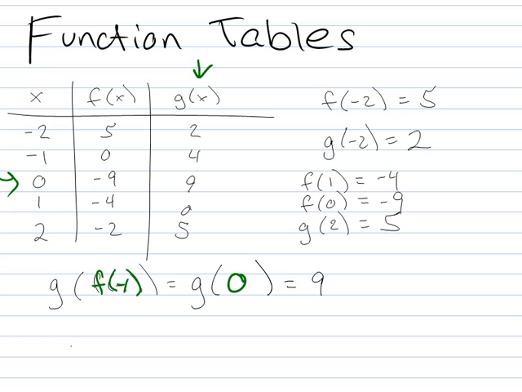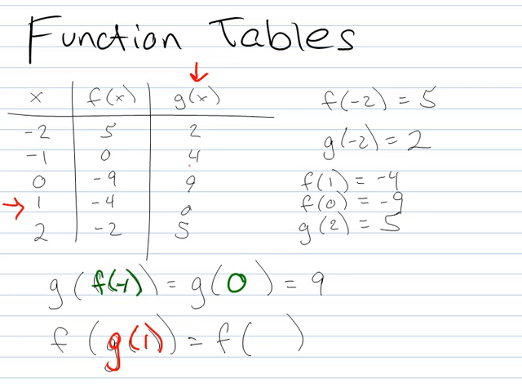Well, let's try f of g of 1. So what's f of g of 1? Alright, so we're going to focus in on g of 1, because we're going to work this from the inside out.